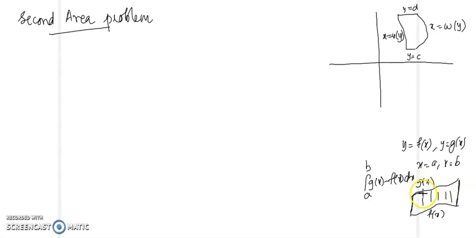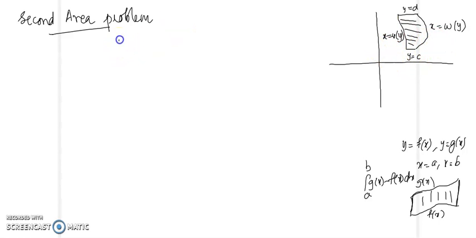Now in the same way, in the second area problem, we will reverse the roles of x and y. Instead of having curves of the form y equal to f of x and y equal to g of x, we will have curves of the form x equal to v of y and x equal to w of y, where y varies from y equal to c to y equal to d. Now we need to find the area bounded between these two curves.